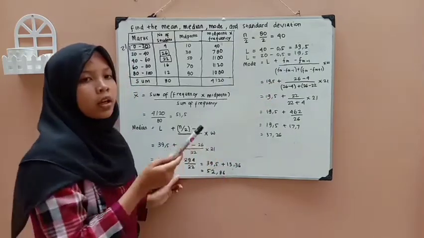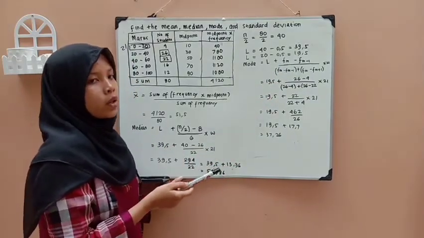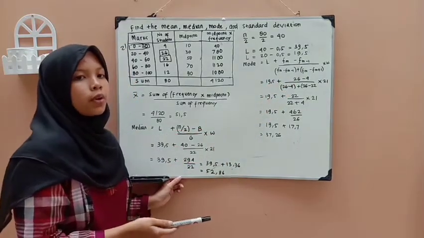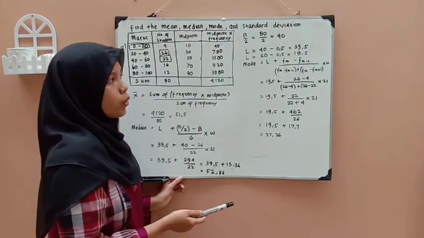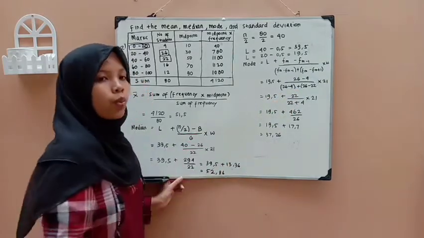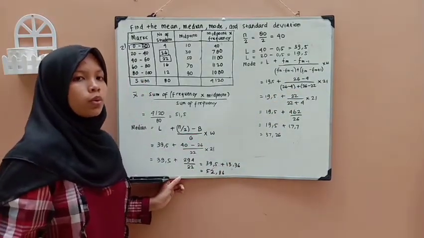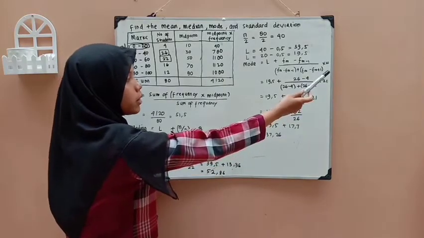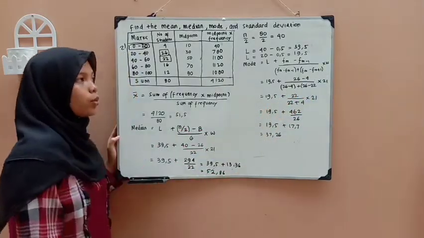Fm is the frequency of the modal group. Fm minus 1 is the frequency of the group before the modal group. Fm plus 1 is the frequency of the group after the modal group. And W is the group width.